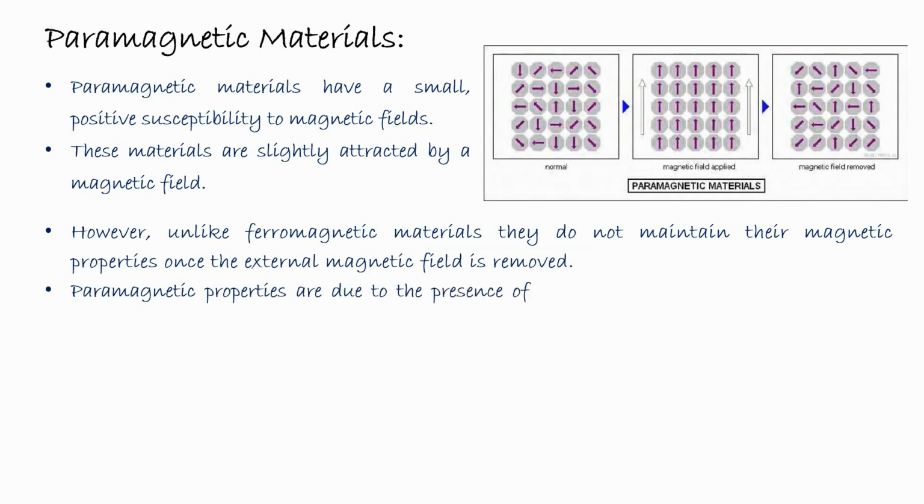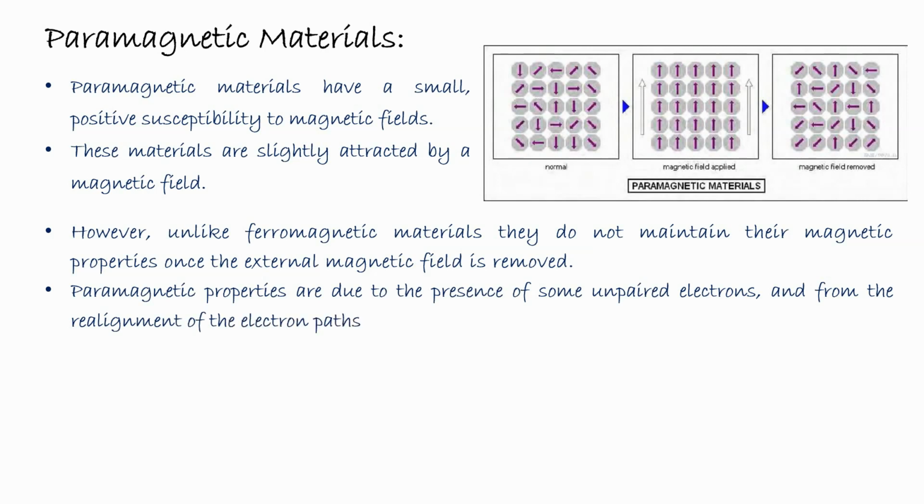The paramagnetic properties are due to the presence of some unpaired electrons and from the realignment of the electron path caused by the external magnetic field. That means in paramagnetic material, there are some unpaired electrons, and because of these, this material will show a very small amount of magnetic property.